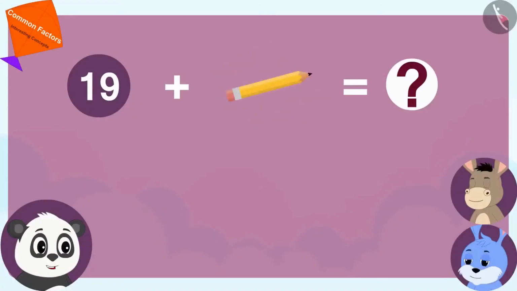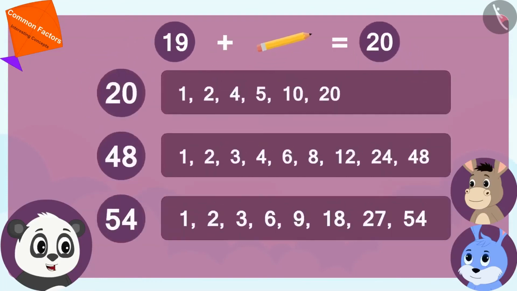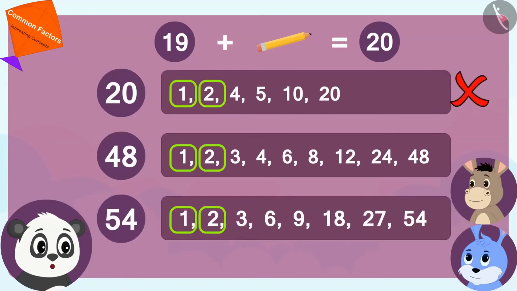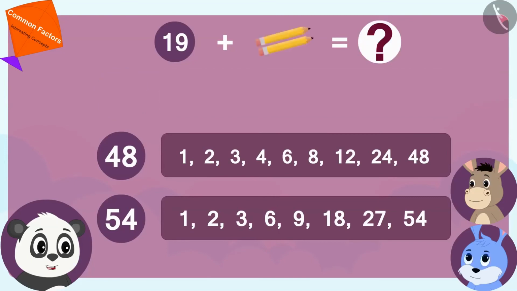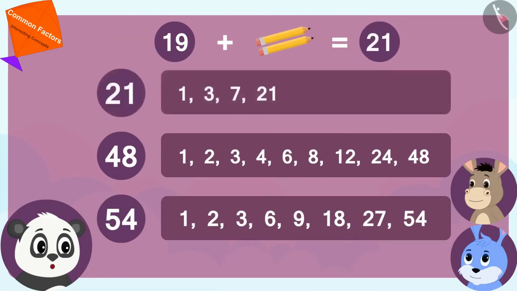If I add one more pencil to these 19 pencils, then the total is 20 pencils. But 20, 48, and 54 do not have 6 as a common factor. If I add one more pencil, the total is 21 pencils.